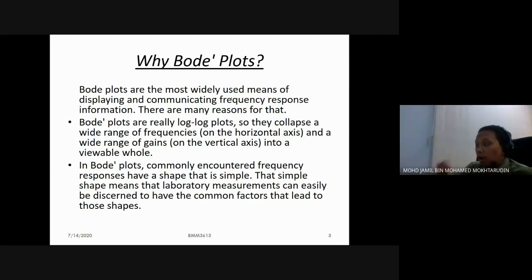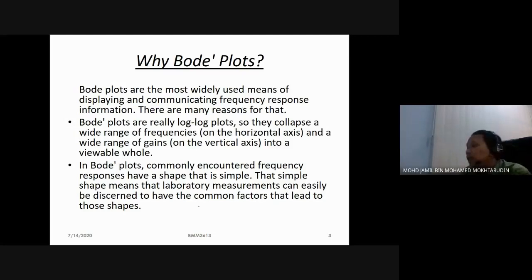If we use log, we can reduce the length of the graph so that we can plot more frequency in one graph. That's why it's easier to use a Bode plot to represent the frequency response.